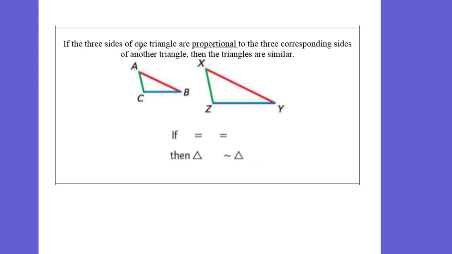So if the three sides of one triangle are proportional to the three corresponding sides of another triangle, then that's enough to say that the triangles are similar. We don't have to know anything about the angles. So if the ratio of AB over XY, oh, actually I should probably use red.